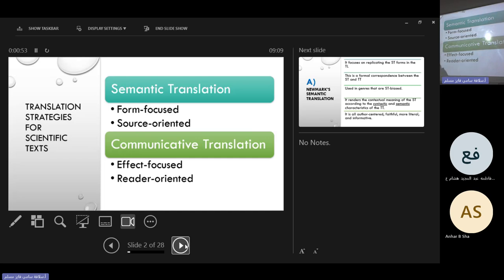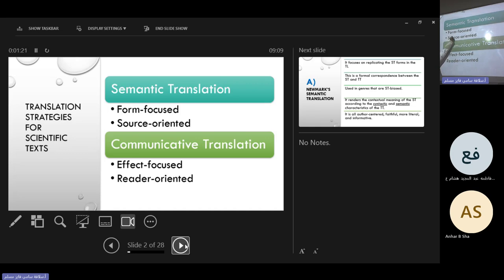Okay? What are its characteristics? They are form focused. What does it mean, form focused? Exactly. It focuses on the form of the source text word. Source oriented. What does source oriented mean?